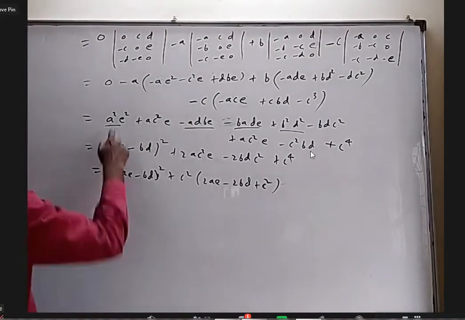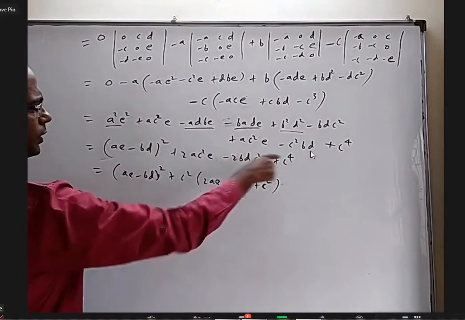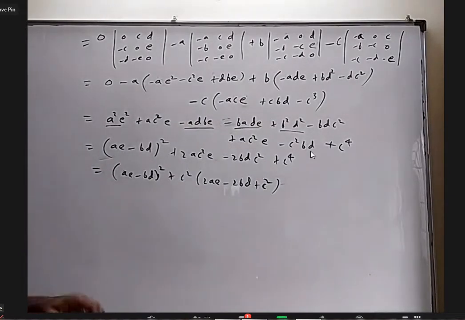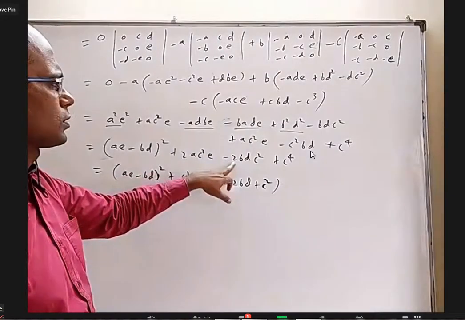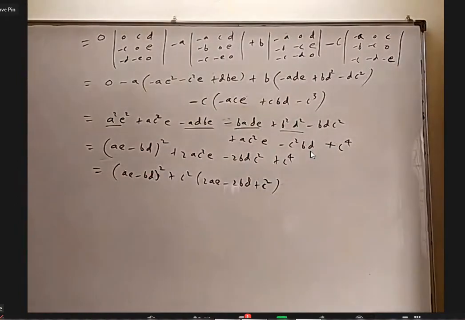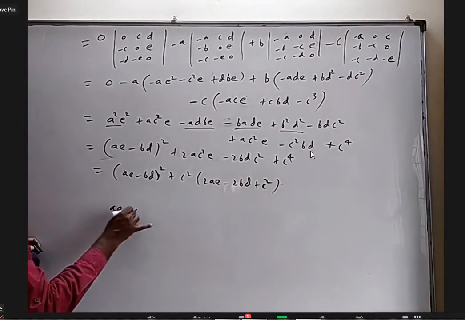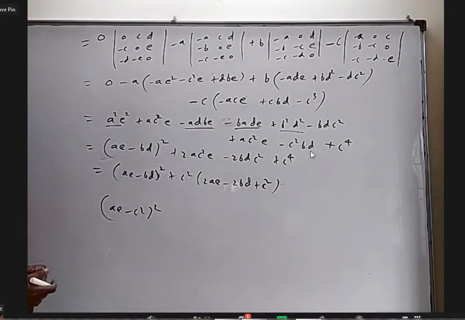For example, this I can combine and write (AE minus C square) whole square, and another C square may be required. Just a minute, (AE minus C square) whole square. What would I have got?